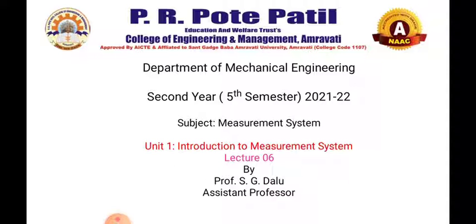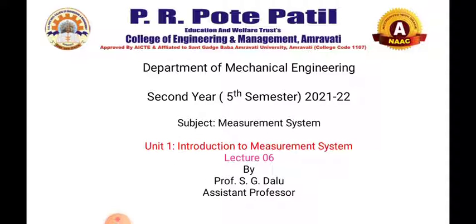In the first lecture, we studied what is measurement. Then we studied the significance of measurement system. Then we studied the generalized measurement system and its different components. Next, we studied the input-output configurations of the generalized measurement system.